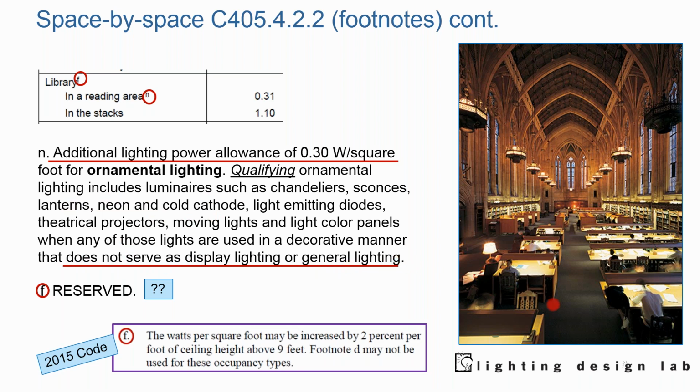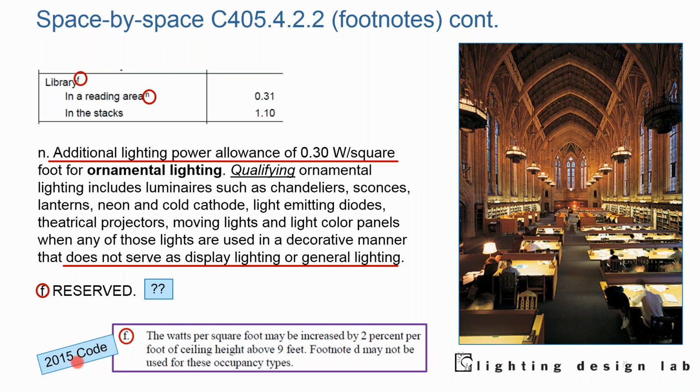So you might question some of these, you know, would this be perhaps a task light? These would probably be considered general lighting and would be counted. You wouldn't get the addition for that, but you might for these task lights. So again, sometimes it's not exactly clear which fixtures apply and which don't.